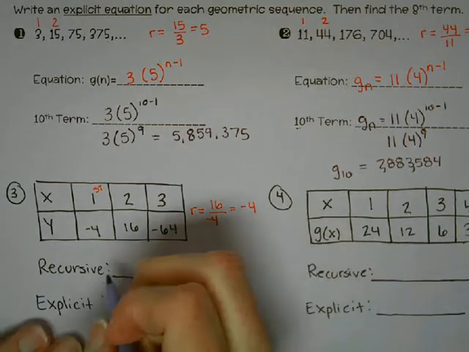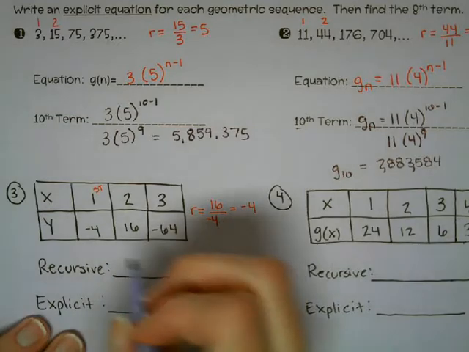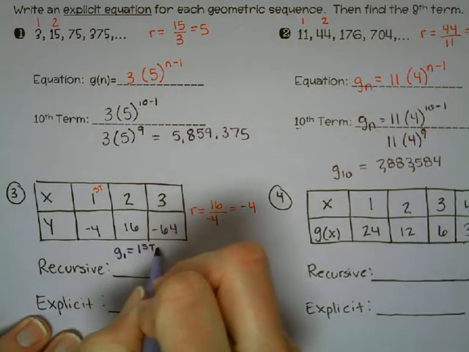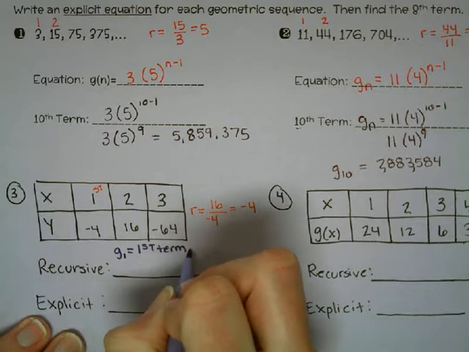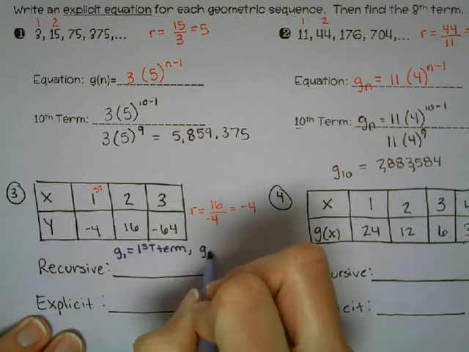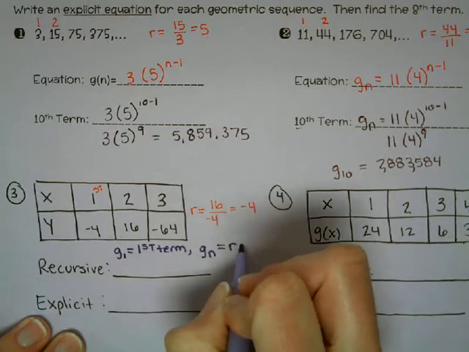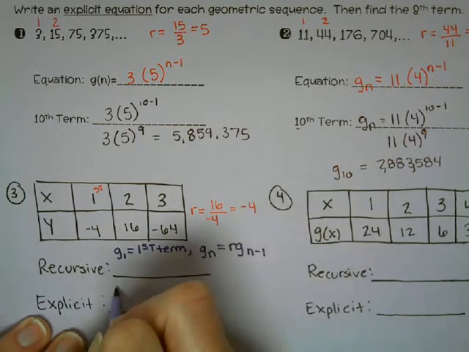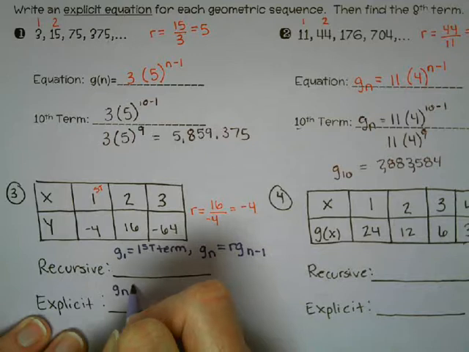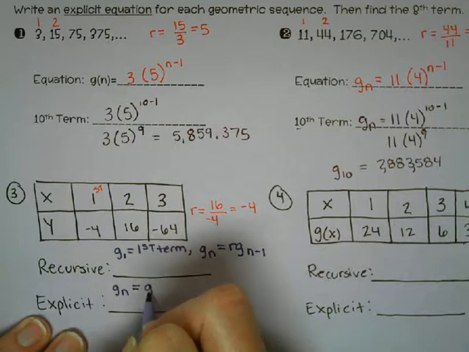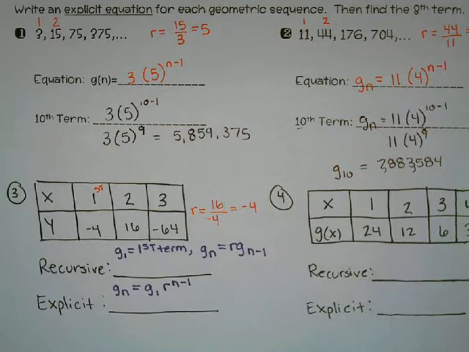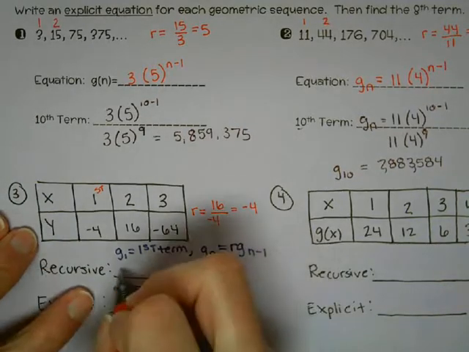Recursive formula is G1 equals the first term, comma, and then they have Gn equals R times G to the n minus 1. The explicit formula is, so I wrote it in purple, the two formulas, and now I'm just going to fill in the numbers that we have.